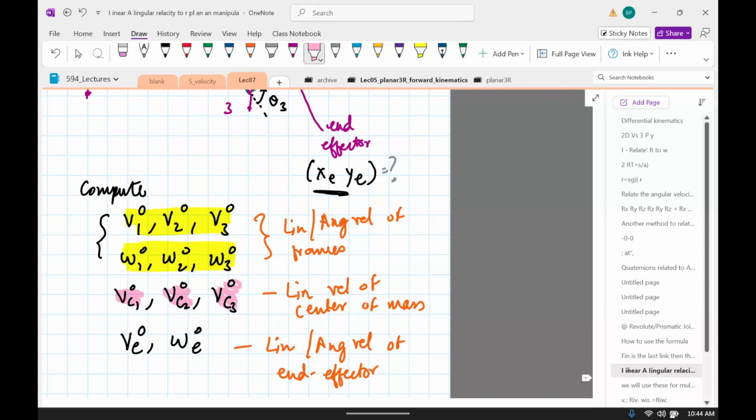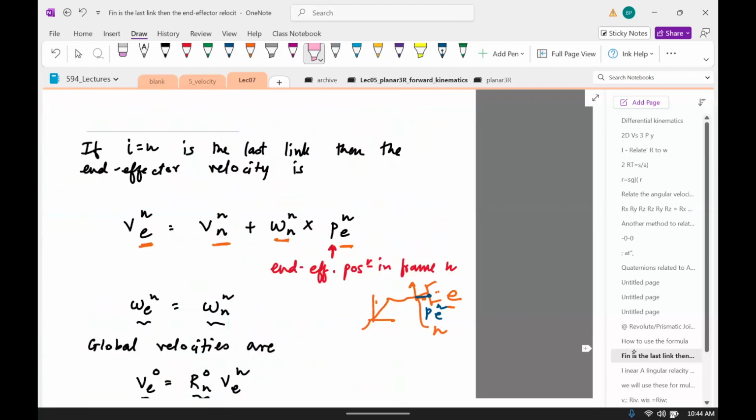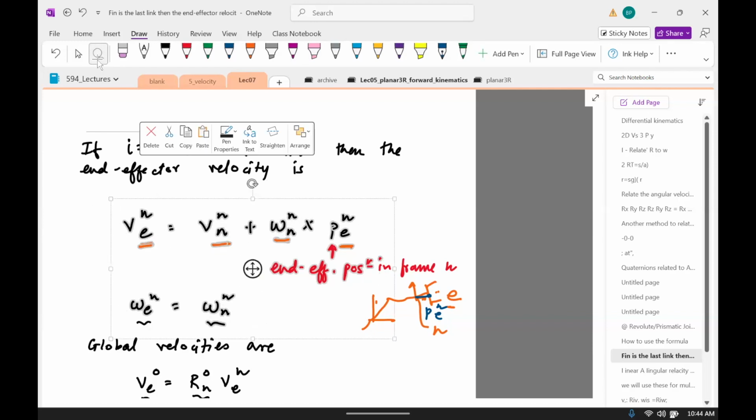Okay, and the last one is VE and omega E in frame 0. So for that, we'll use this formula. Here n is equal to, well, n is 3, right? The last frame. So let's take this. I'm almost done.